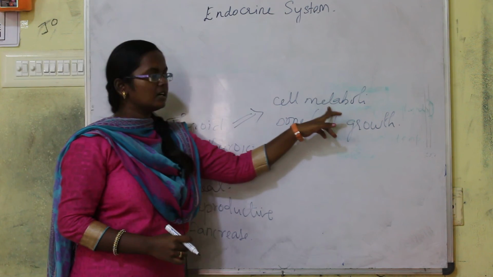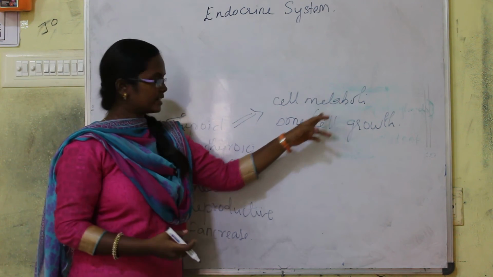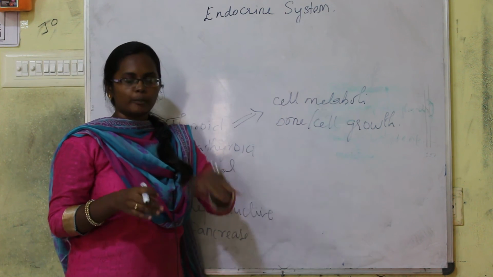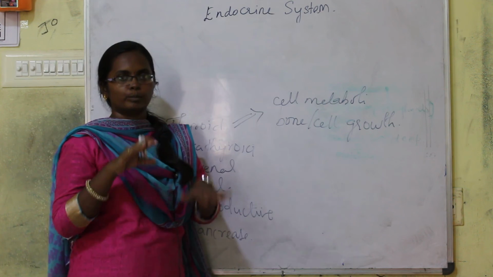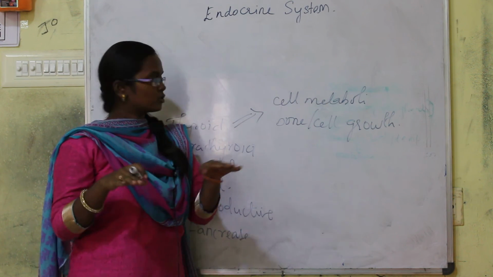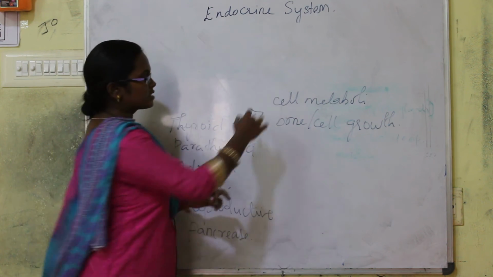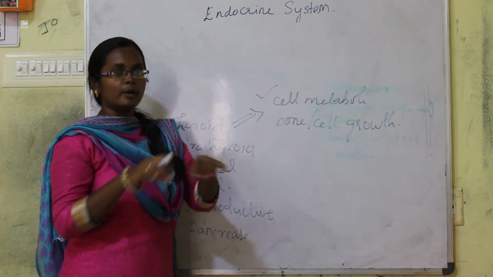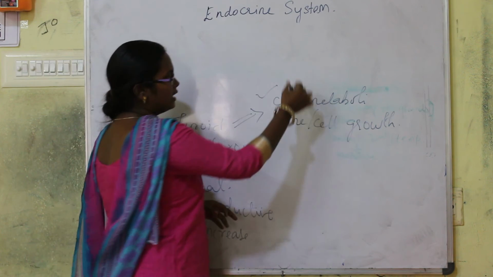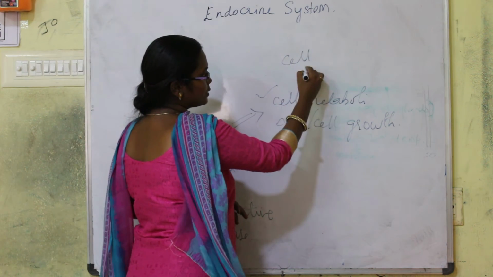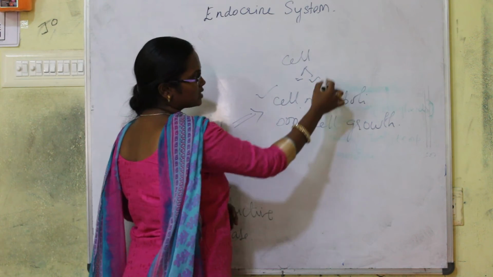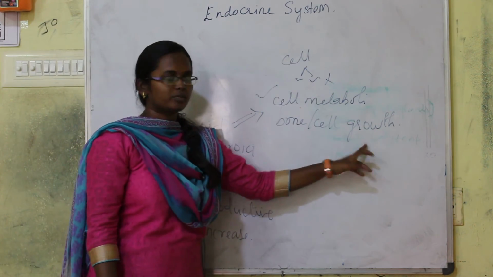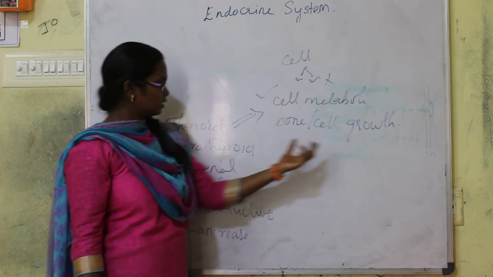It is used for cell metabolism, like cell regulation. Cell regulation means balancing production and degradation, so that both are neutralized. That is called cell metabolism. Metabolism is the breakdown of particular compounds. Cell regulation means balancing cell metabolism and cell degradation. It is mainly used for bone and cell growth.